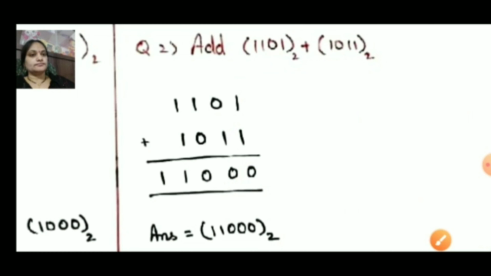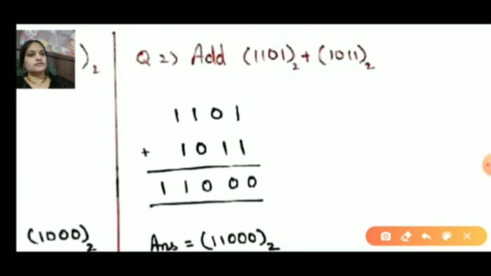So after writing 1 here, again you add 1 plus 1. 1 plus 1. Again 1 plus 1 is equals to 1 0. Now you have to write this 0 here and 1 again here.